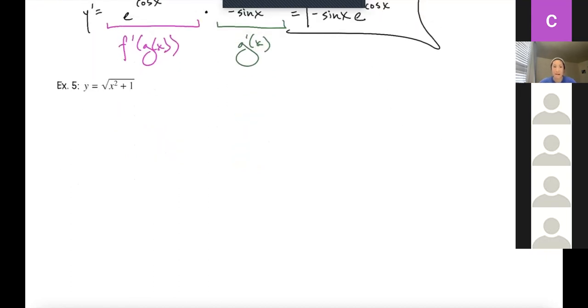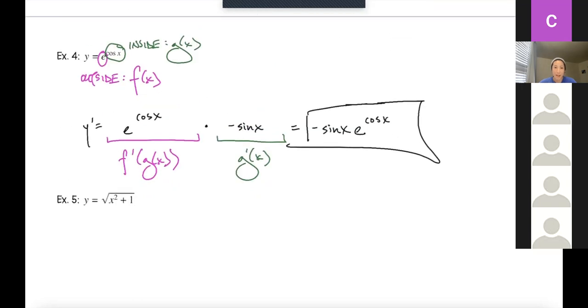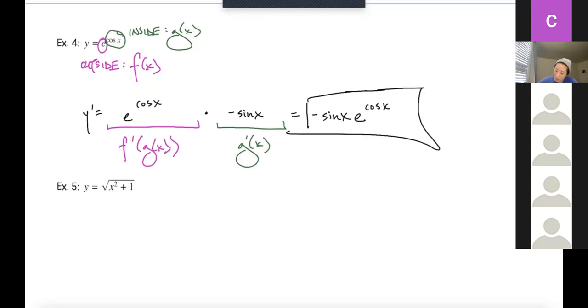All right. Well, let's take a look at example 5. Same thing. I'll give you a moment to think about this. What do you think is the inside function, or your g of x, and what is your outside function, or your f of x?